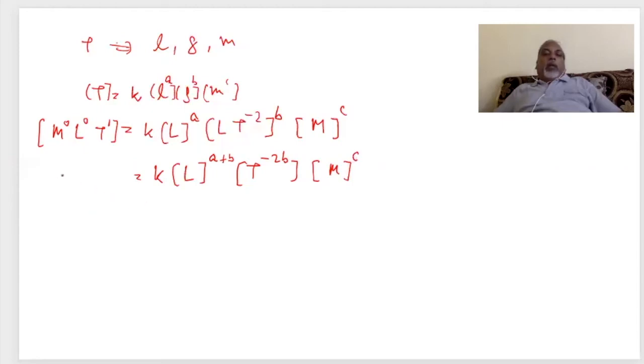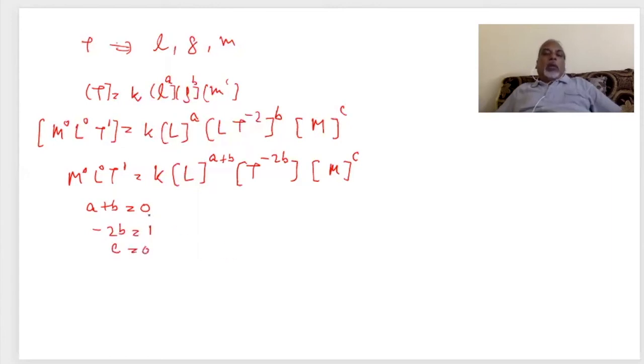If we equate the powers, then what are we getting? a plus b is equal to 0, minus 2b is equal to 1, and c is 0.